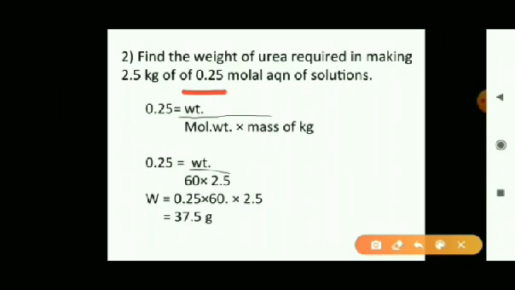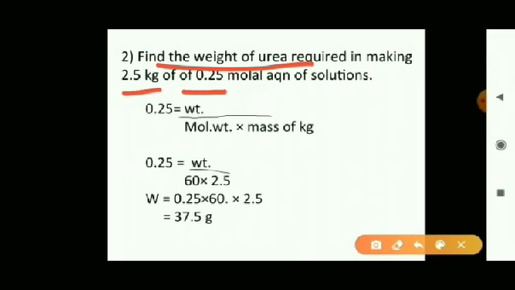Understand what is given in the question, what we have to find, and how we put the formula and find the answer. So what is the question given here? Find the weight of urea required in making 2.5 kg of 0.25 molal aqueous solution.